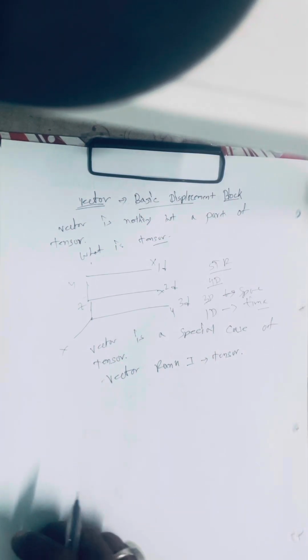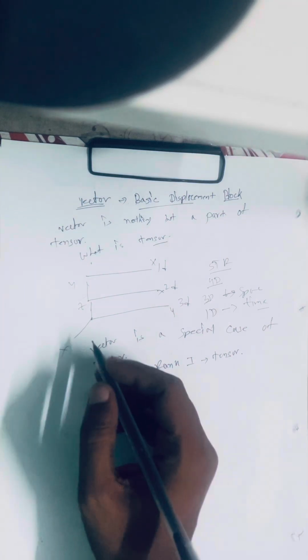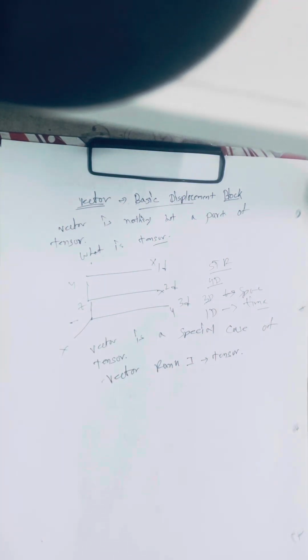Now, what is the second part? I will say what is parity transformation, inversion of coordinate. This inversion of coordinate called parity transformation. There is so many coordinate.